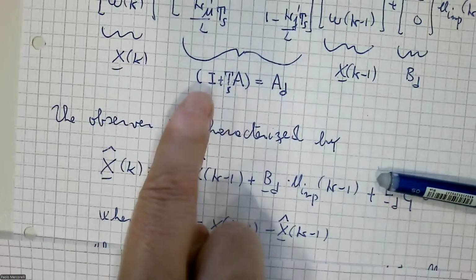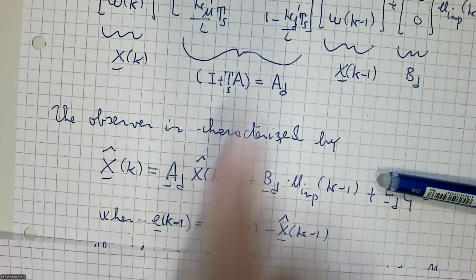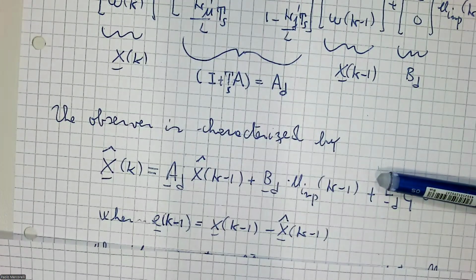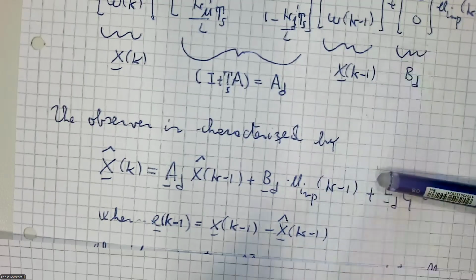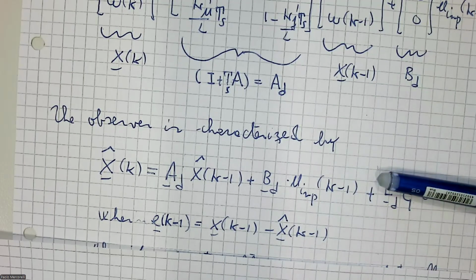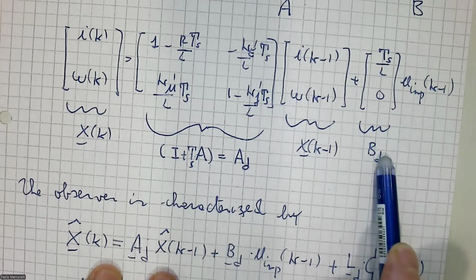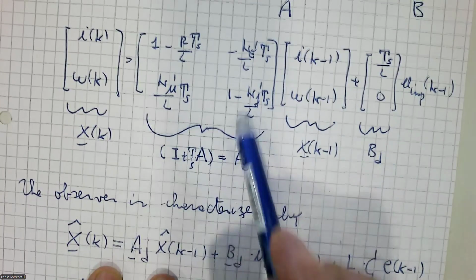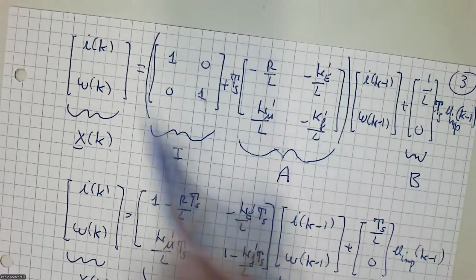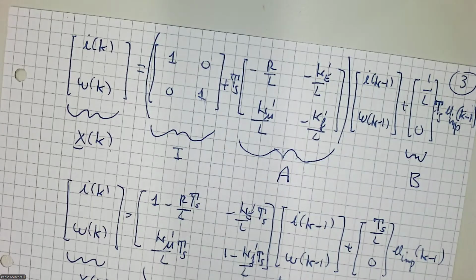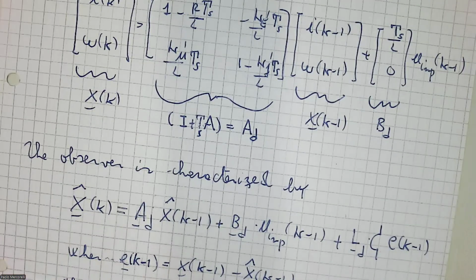AD is I plus Ts multiply A, plus BD, which is this one. You can see here, B is the continuous. If I multiply by Ts, it is BD, discrete. Again, A is continuous, as I told you before, but inside the structure here, everything becomes AD, the discrete matrix. We have seen this also last time when I told you about the model.